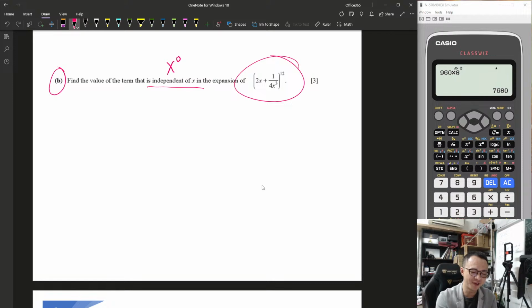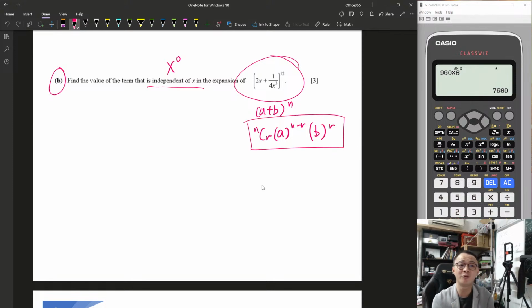Okay, the formula for this one, imagine just now I said a plus b power of n, right? The formula is basically nCr, a power of n minus r, b power of r. So I'm going to use this to find which term, what is my r value, to get x power of 0. Okay, let's see. So this is 12Cr, and then this is 2x power of 12 minus r.